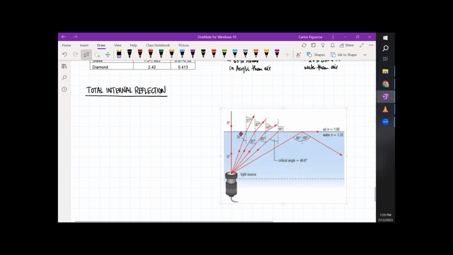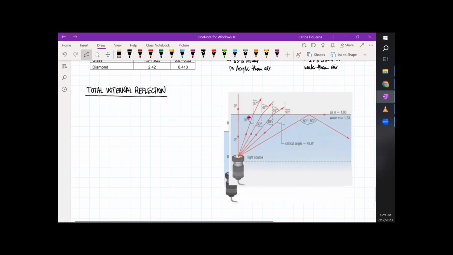I'm going to paste this right here, and let's start to answer what we are seeing. If it's at 0 degrees, there's no refraction or reflection.